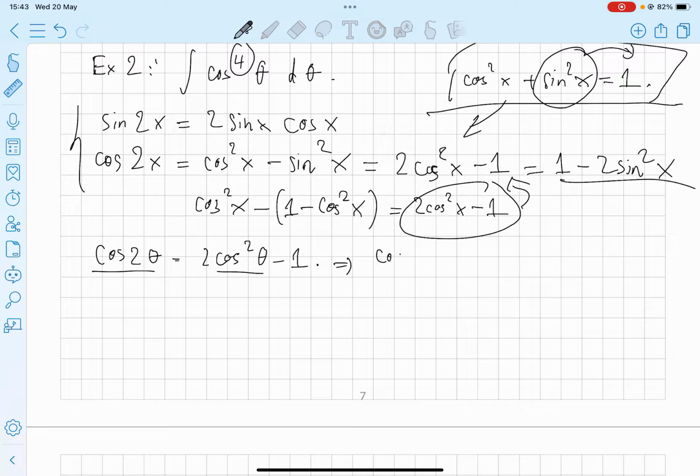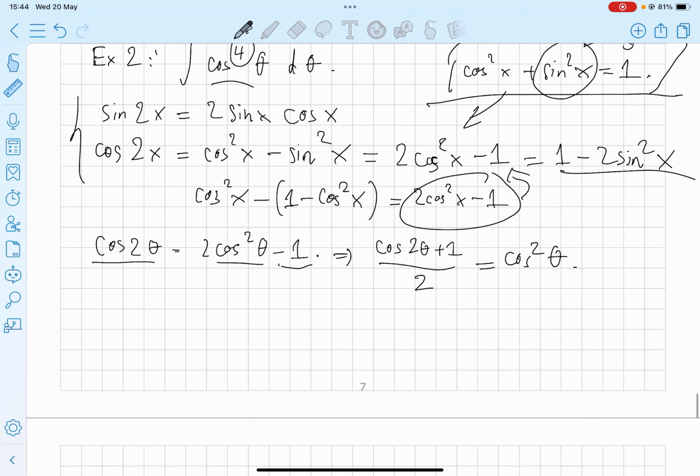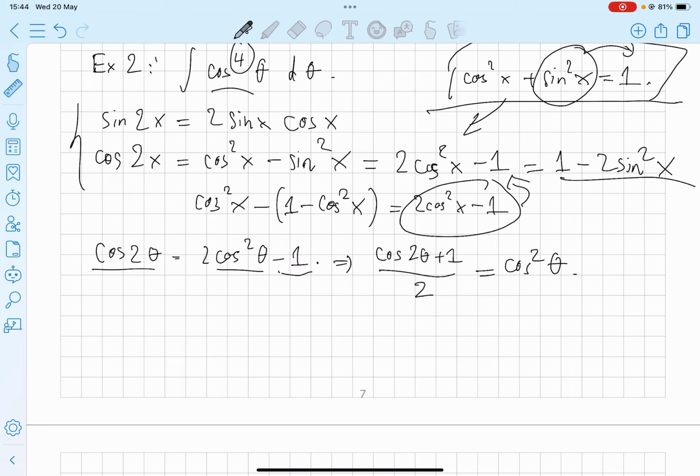It will be cosine of 2 theta plus 1, divided by 2, equal to cosine square of theta. But in this case you have the power of 4, so you square both sides of this equation.